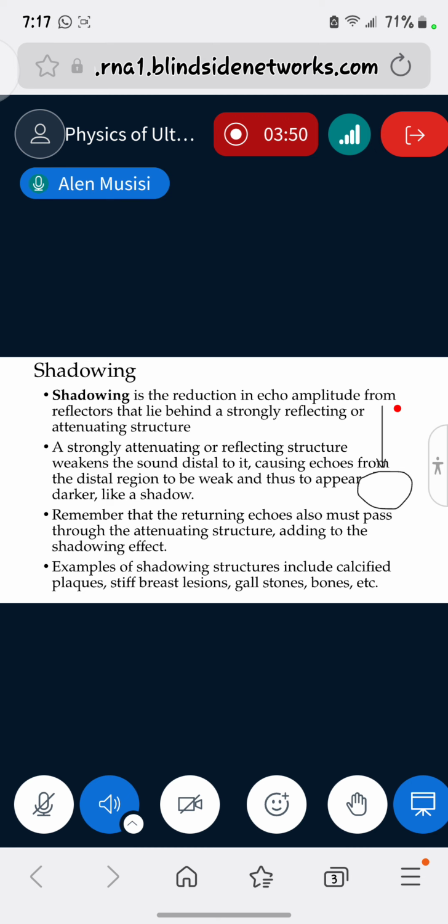Most of it is going to be reflected back, and some of it that goes into this structure ends up getting more and more absorbed in the same structure.